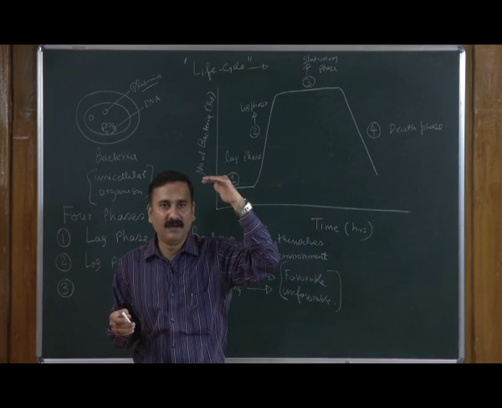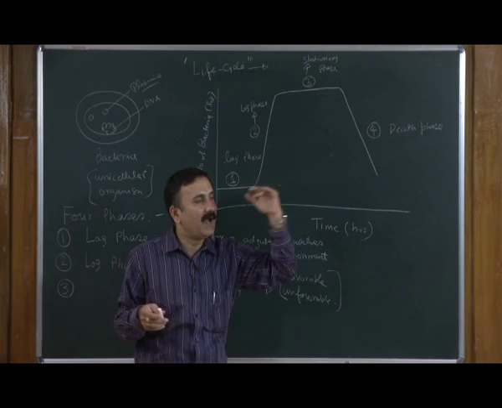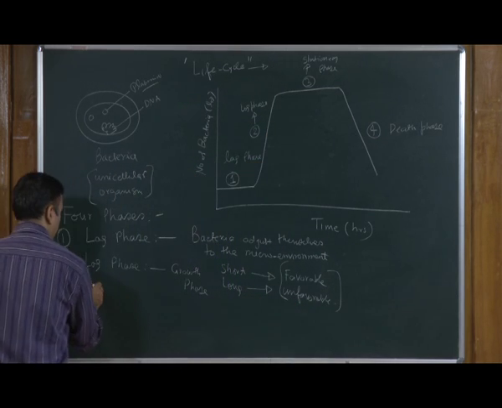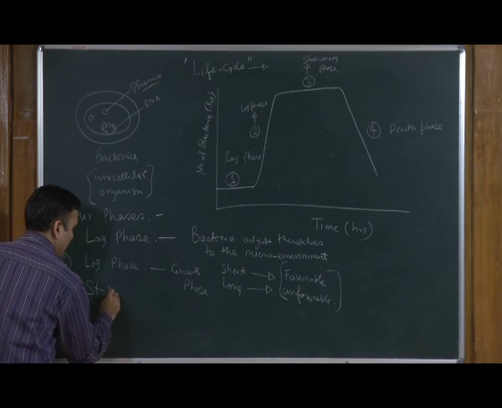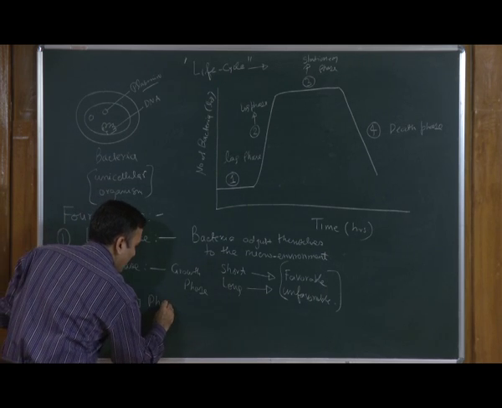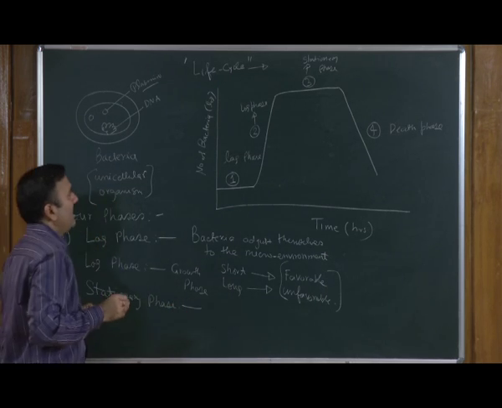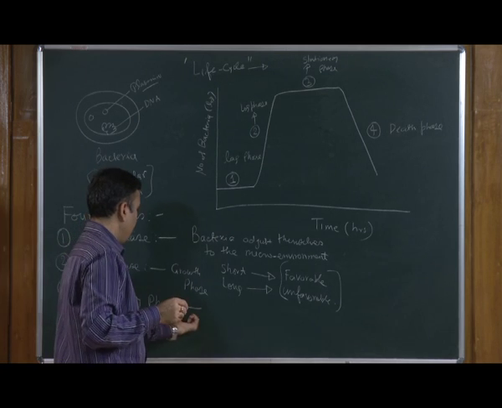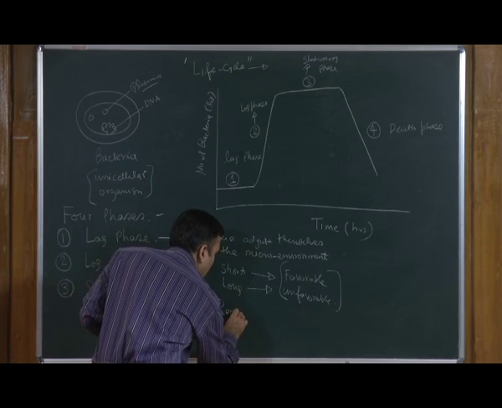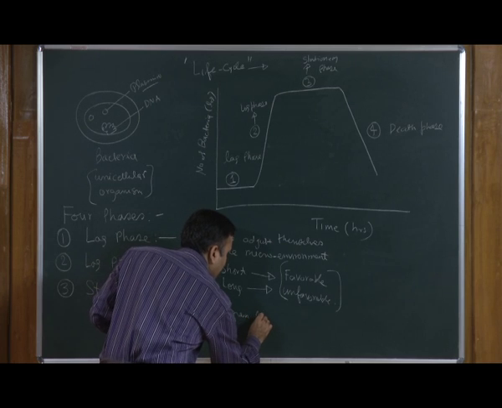The bacteria will remain at the same number as at the end of the log phase. That is why this third phase is called the stationary phase, and stationary means it will remain constant.